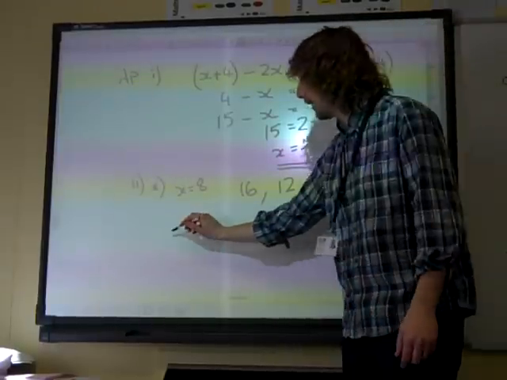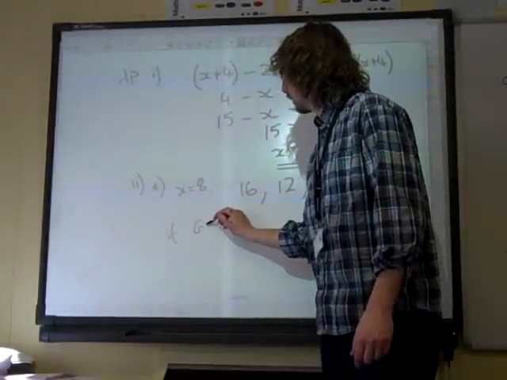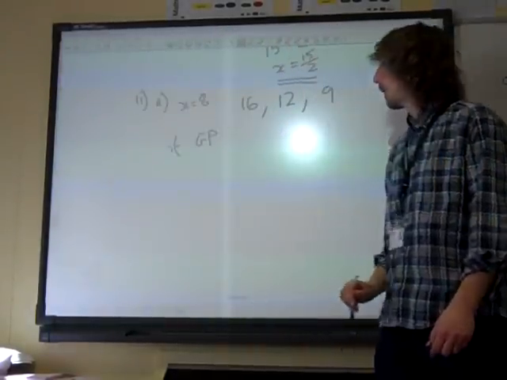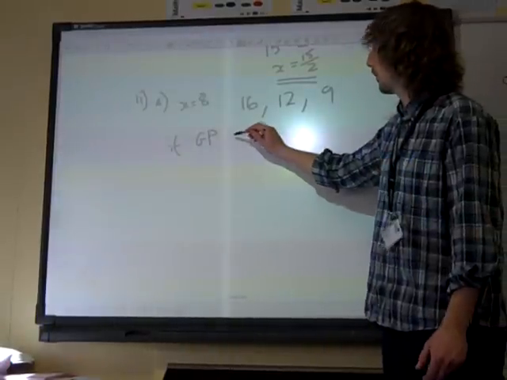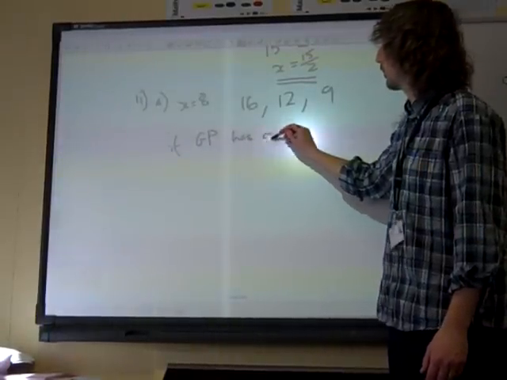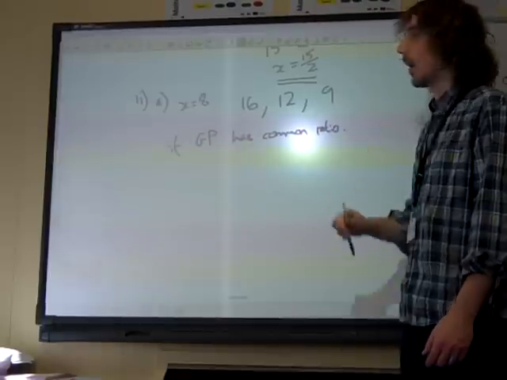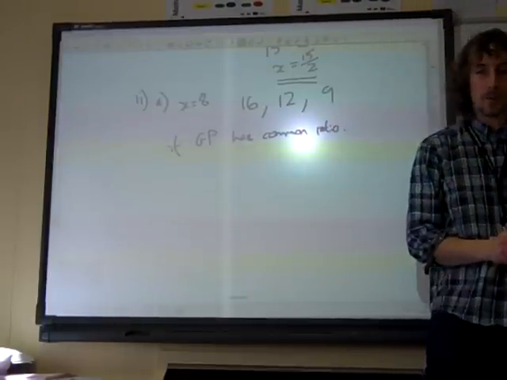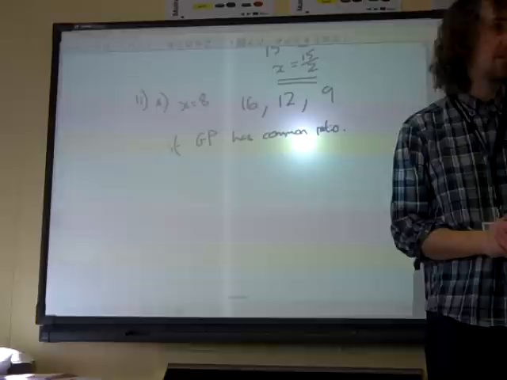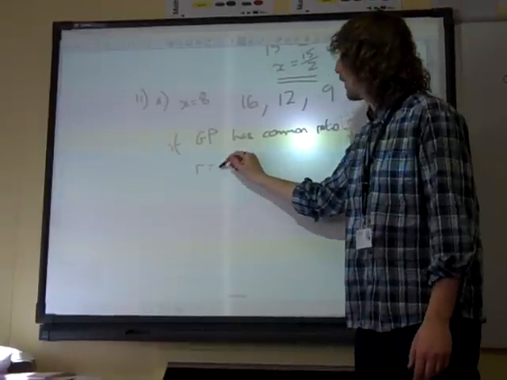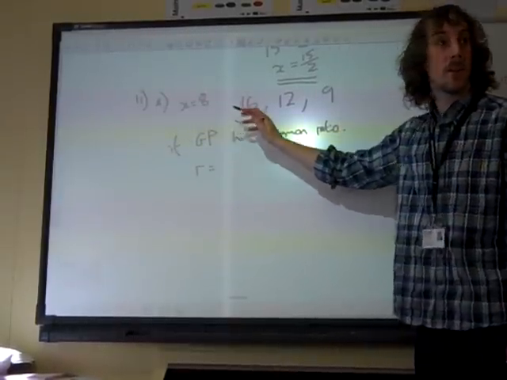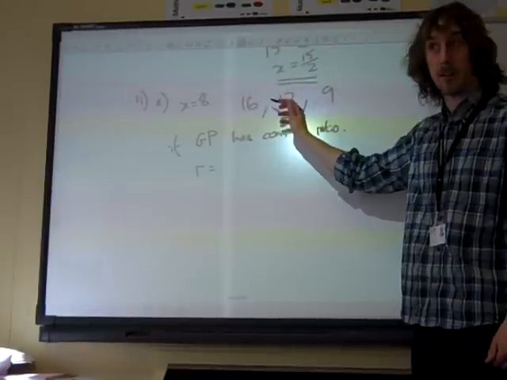We've got to verify that in that case this is a geometric progression. So if it's a GP, it has a common ratio. And so we've got to check that the common ratio is the same for both of these terms. So r is what you get if you divide. Instead of subtracting, we're going to divide this time.